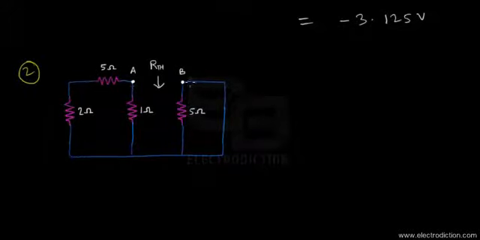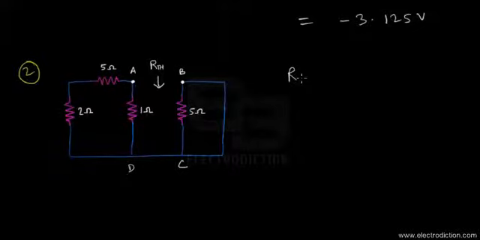But if you take a look at the right part of the network, we can see that there is a short circuit. So it's quite natural that the equivalent resistance found between the terminals B and C, since there's a shorted path, is going to be 0.